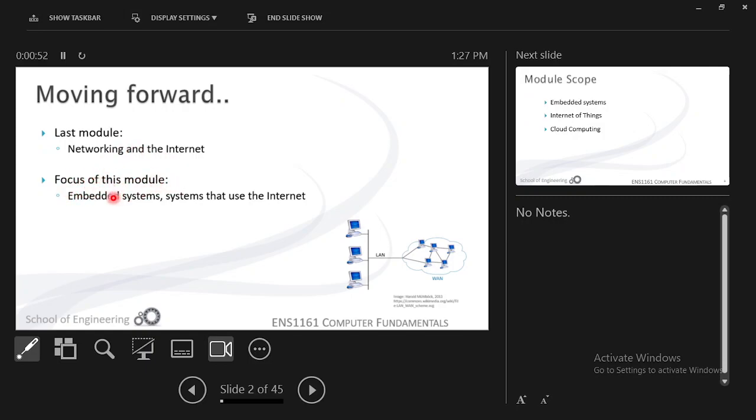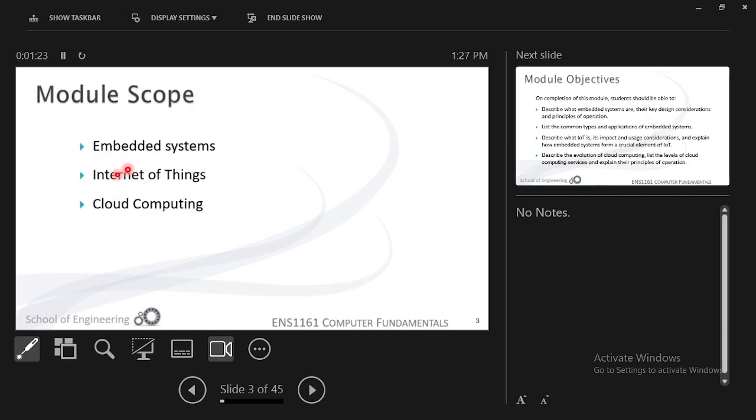Under this module, we are mainly focusing on embedded systems, basically the systems that use the internet. Embedded systems are very comprehensive hardware products, because the software is embedded into the hardware component. Nowadays, these embedded systems are minimizing their work and IoT, Internet of Things, is coming into the context.